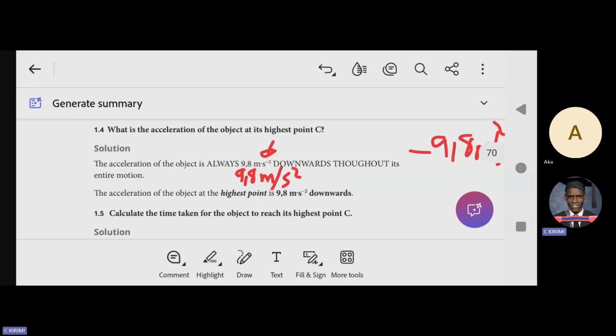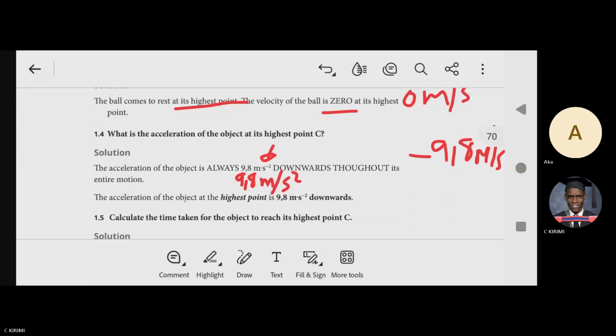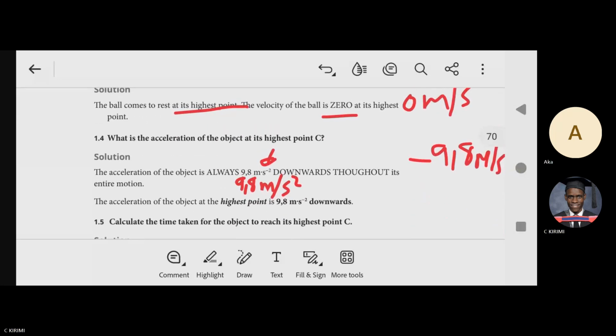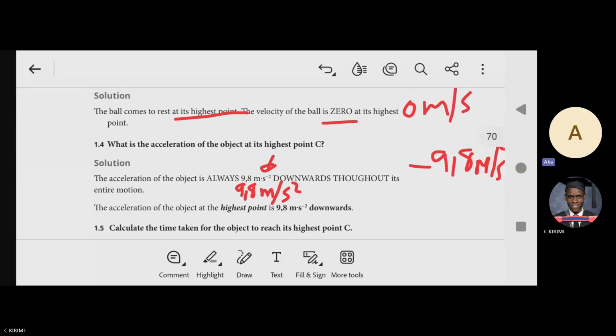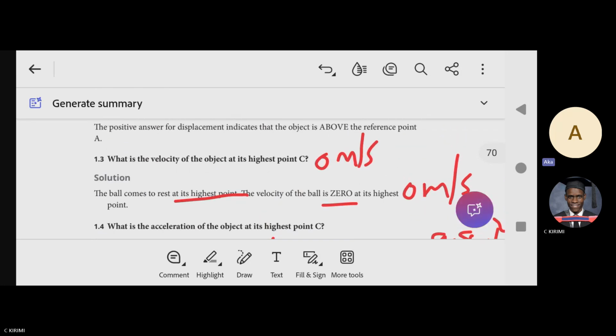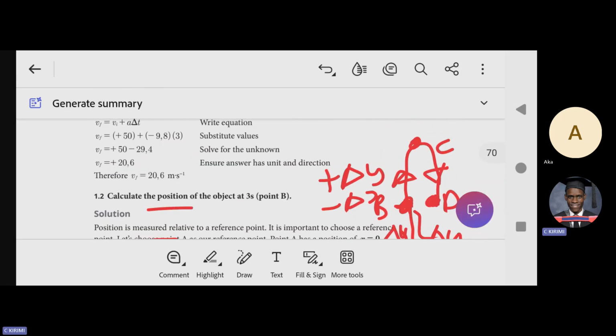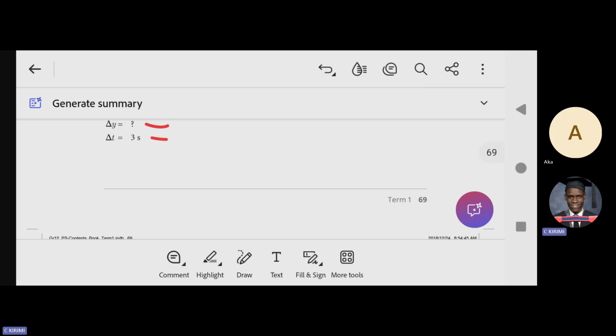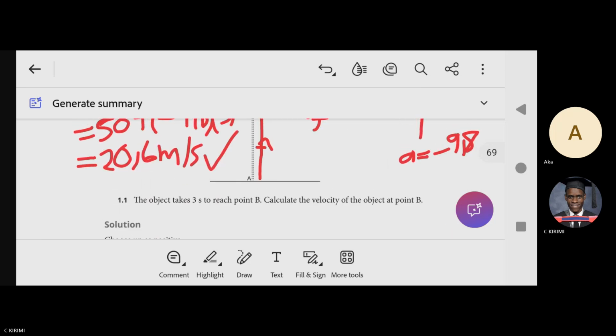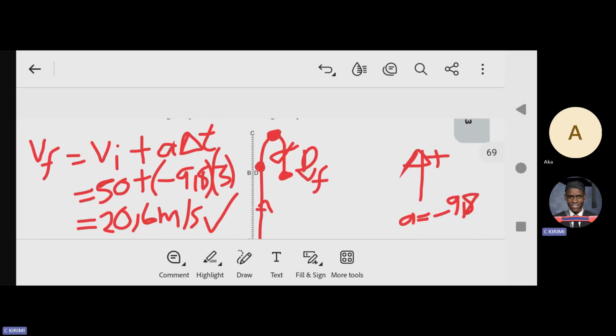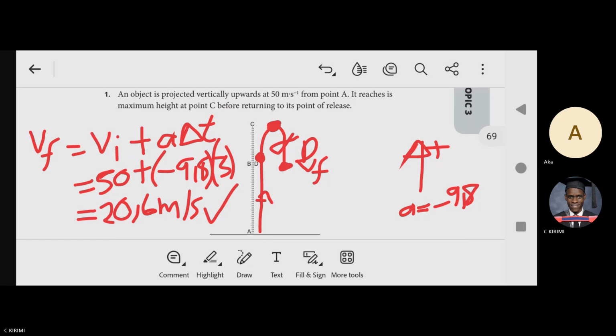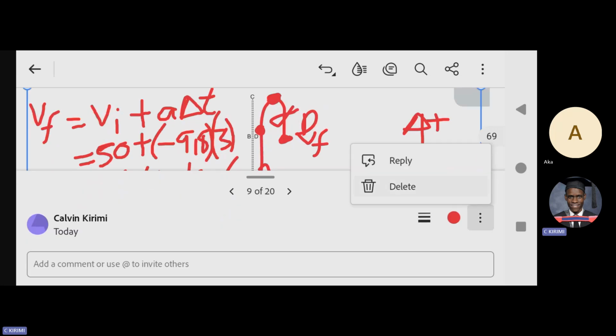The initial velocity was how much? 50. The time taken to reach the maximum height. So we are here, we want to reach the maximum height. What was the time taken to reach the maximum?